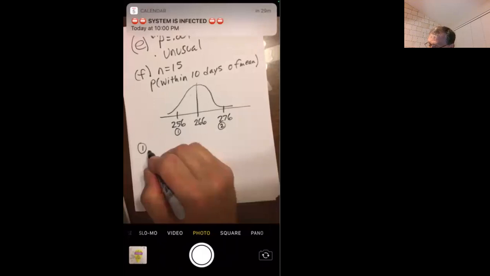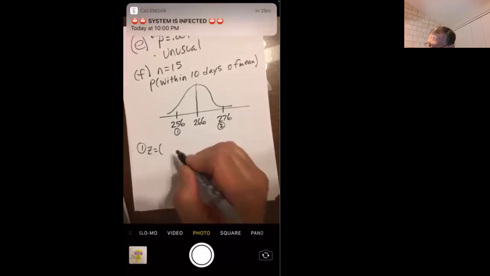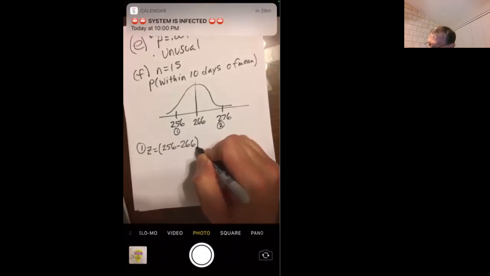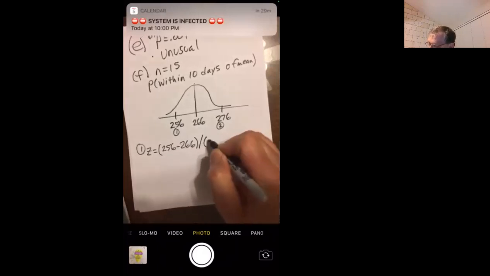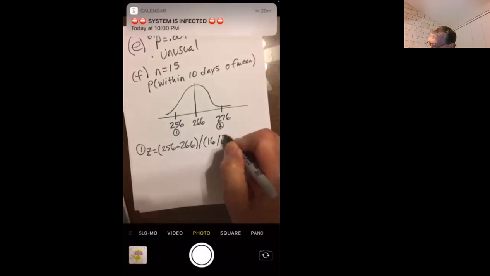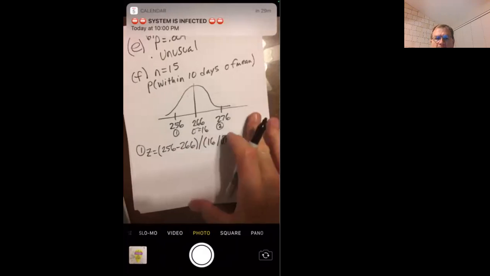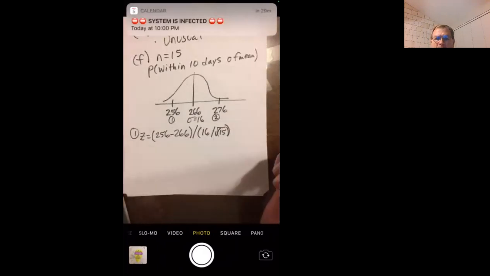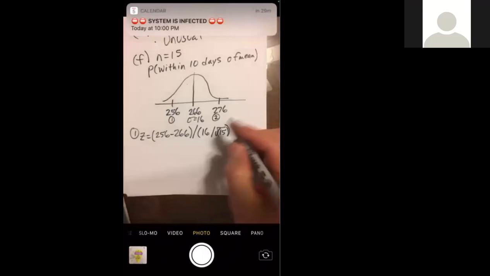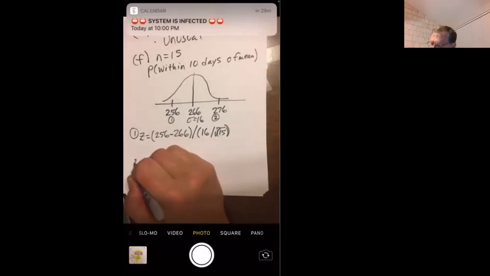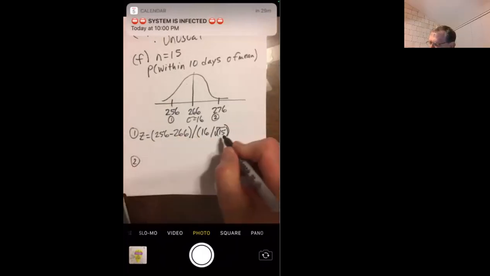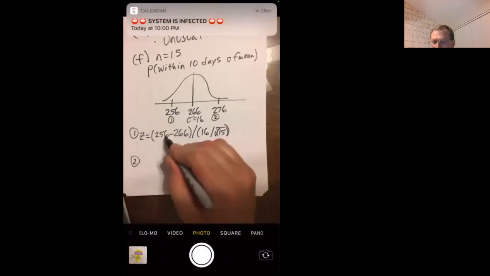So for number 1, your Z number is going to be 256 minus 266 divided by your 16 divided by the square root of 15. Is this going too fast? Remember, your standard deviation was 16. I'll write out the other one, then we'll punch them both. We could just tweak a few numbers.